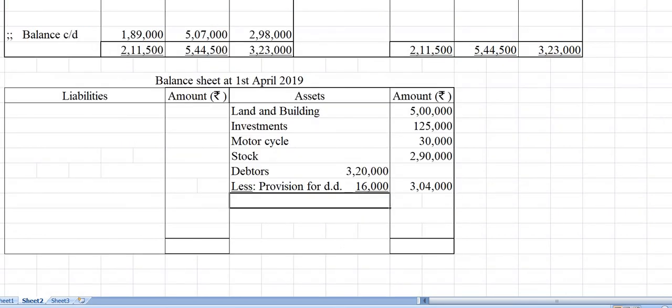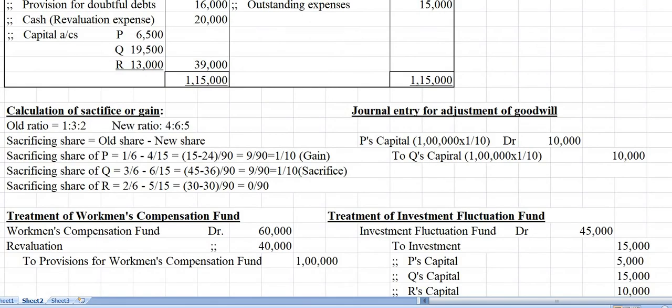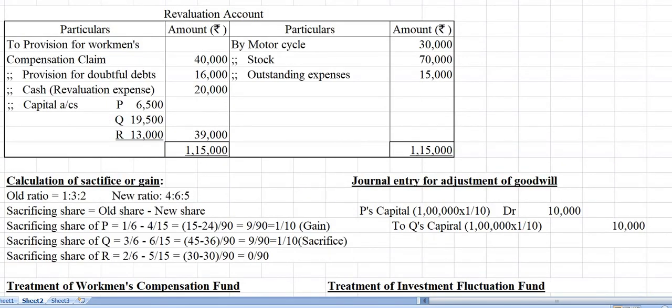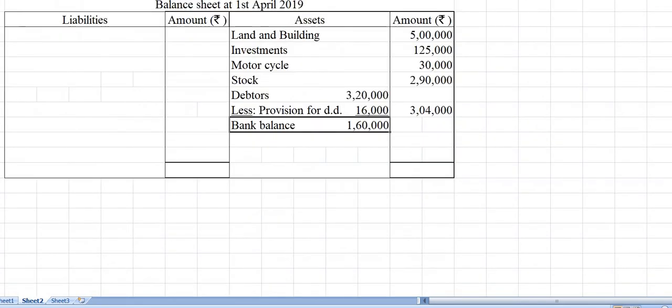Then next asset, bank balance 1,60,000 is there. From that, revaluation expense we have paid here. Here we have written to cash, in bracket revaluation expense we have written. So cash balance decrease, that will be shown here. It will be deducted. So instead of writing here, if you want, you can prepare a separate cash account also.